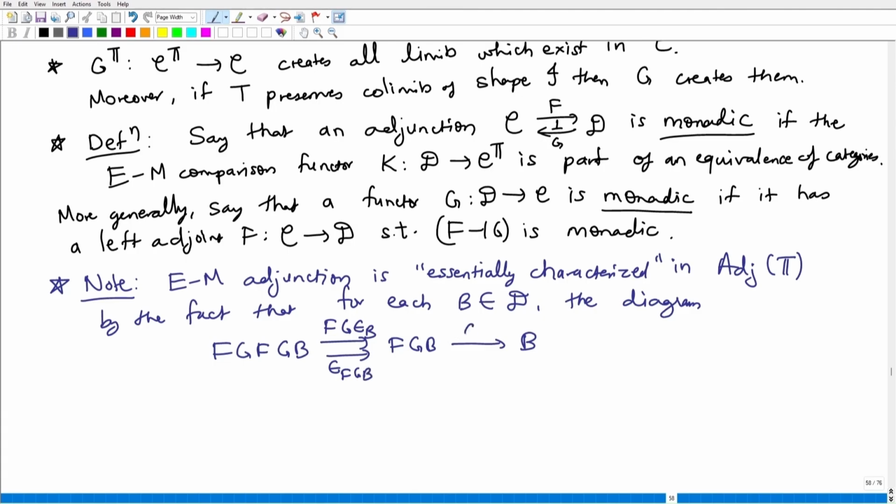There are two different ways, and here I am just taking epsilon B. E is a co-equalizer, together with some nice properties.